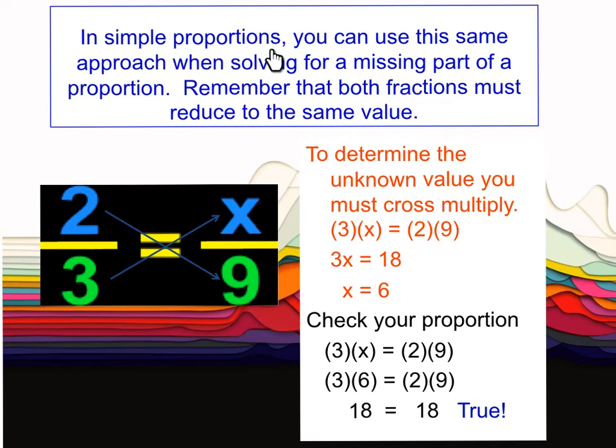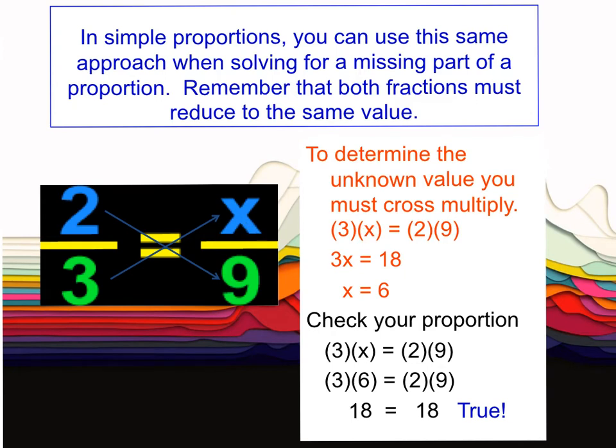In simple proportions, you can use the same approach when solving for a missing part of a proportion. Remember that both fractions must reduce to the same value. Let's take a look at this proportion here. You really have to think, what number could we substitute for x so that, if you reduce this ratio, it would equal 2 over 3. Or you can use some basic algebra and cross multiply to find that missing value x.